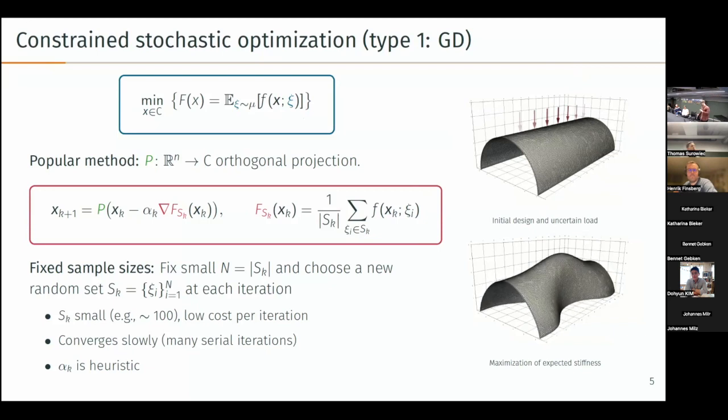We want to find the optimal configuration of this shell. You can see the algorithm moving here to find the optimal design that's going to maximize the stiffness. So constraints will appear in this problem. This is what typically separates it from machine learning problems. We have constraints. So often, if you look at this setting, we don't want the design to go into the floor. Or in this particular setting, we also don't want the ends to stay in a parallel plane.